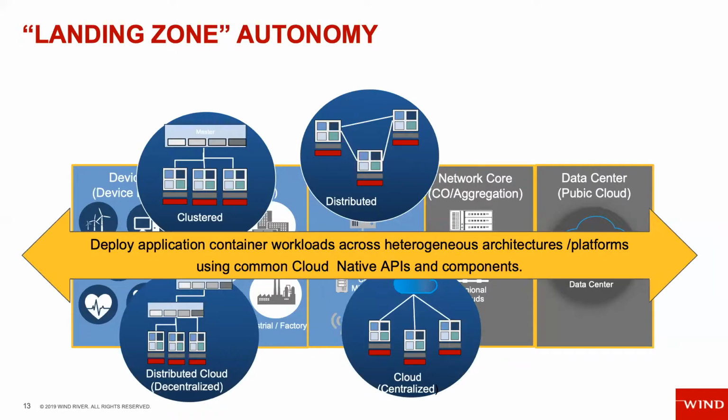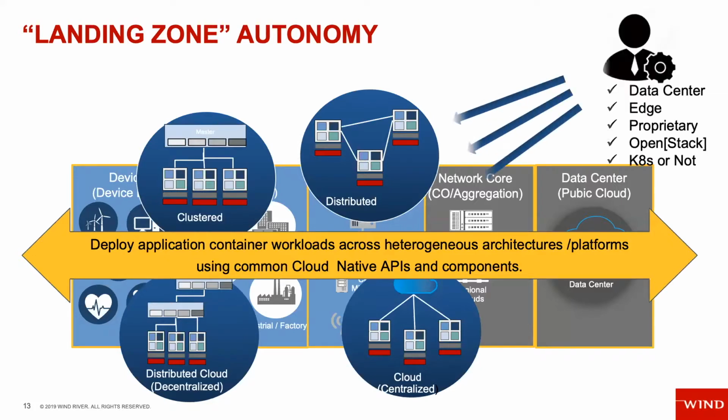But regardless of what the architecture is, or whether it's a near or far edge, the real benefit and the intent of moving to a cloud native environment is that you can deploy application workloads in containers across a heterogeneous environment, across different types of architectures, different platforms, all using your cloud native APIs and components.